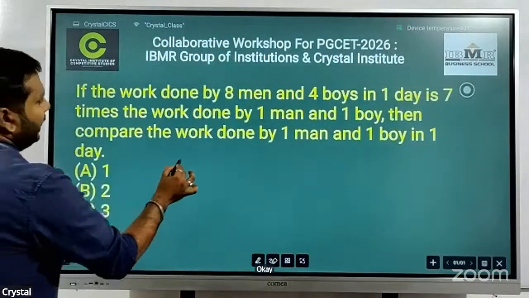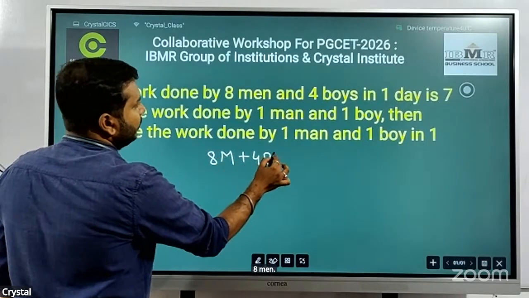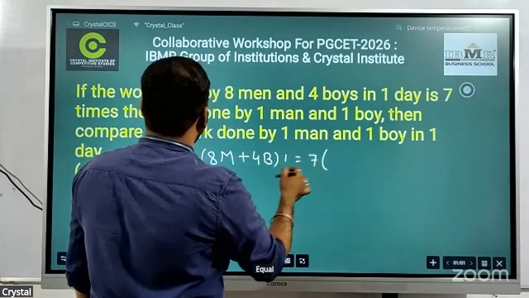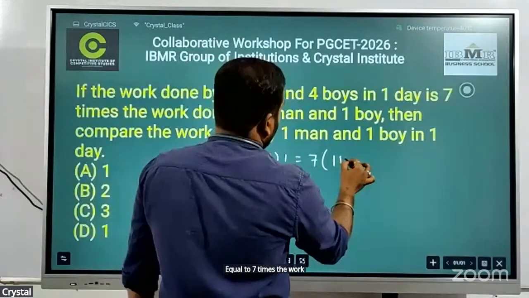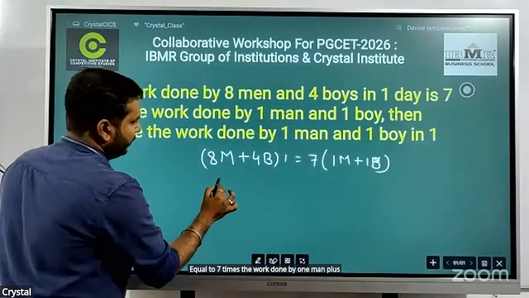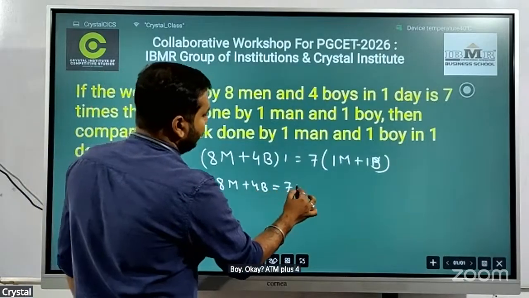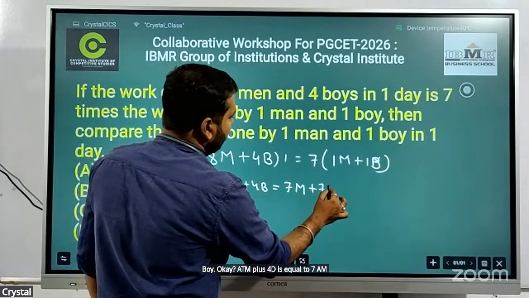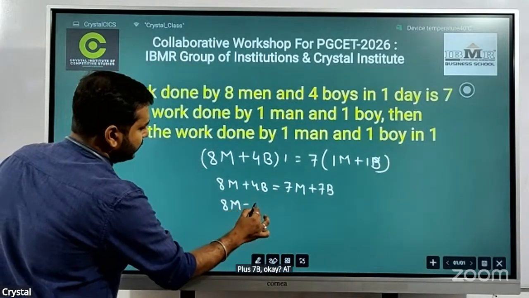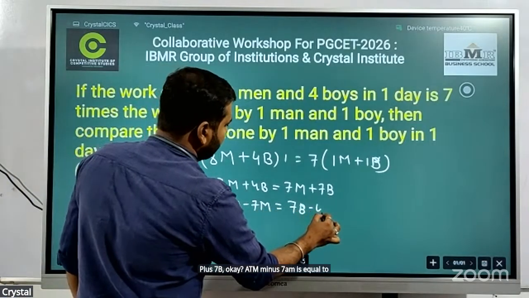Work done by 8 men plus 4 boys in one day is equal to 7 times the work done by 1 man plus 1 boy. 8M plus 4B is equal to 7M plus 7B. 8M minus 7M is equal to 7B minus 4B.